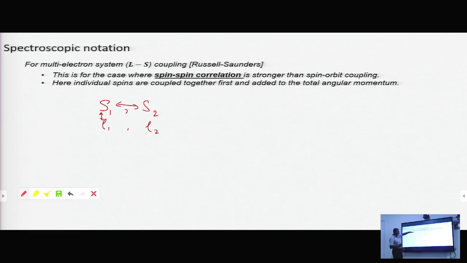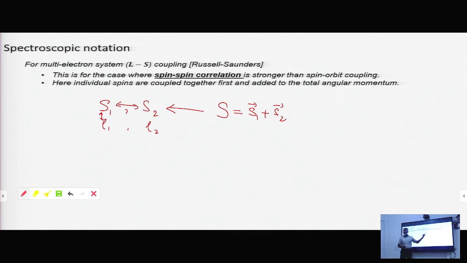So when spin interaction is stronger, you must first look at S. You need to find S, which is equal to S1 plus S2.